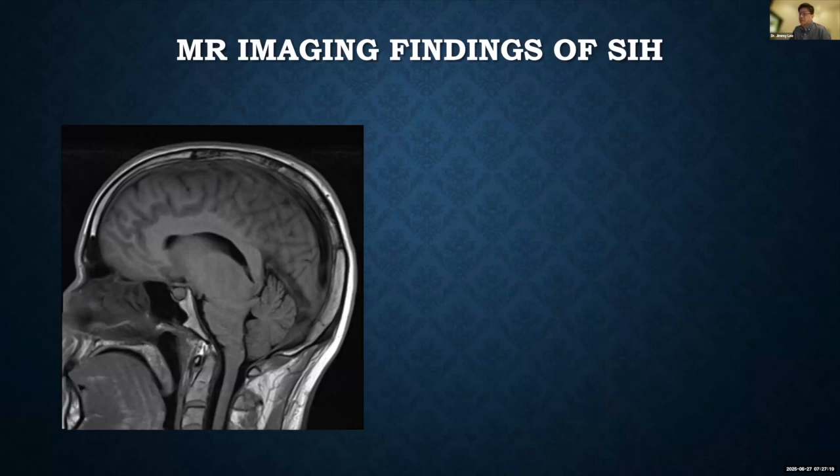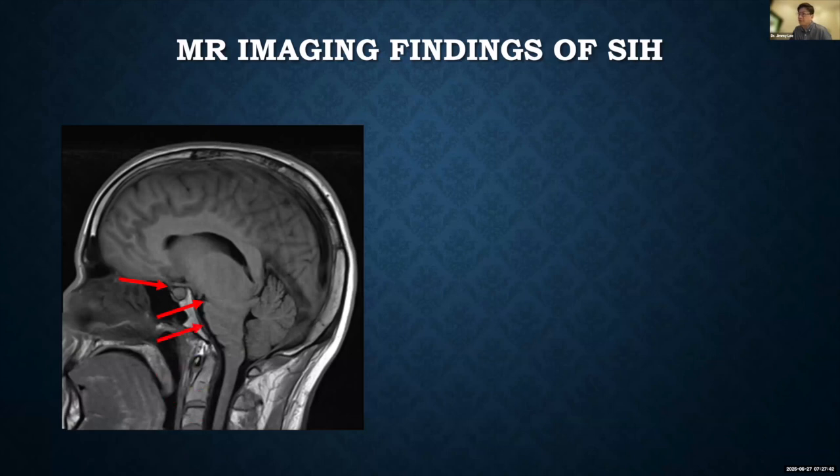So here, an example, we can go through the SEEPS. Here's an effaced suprasellar cistern. You can see the optic chiasm draping on top of the pituitary. There's a sagging midbrain, the pontomesencephalic distance or angle is decreased, mamillopontine distance is decreased, prepontine cistern distance decreased.